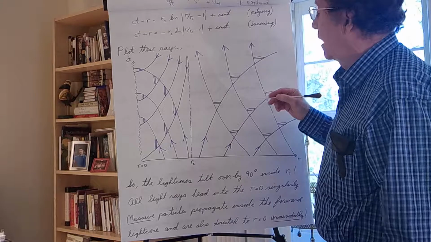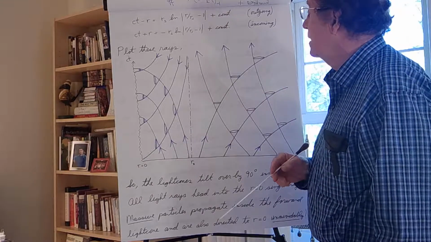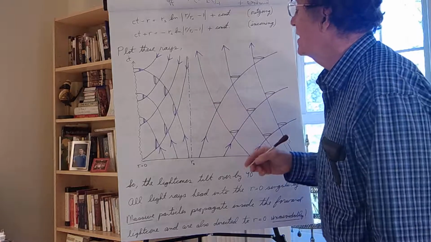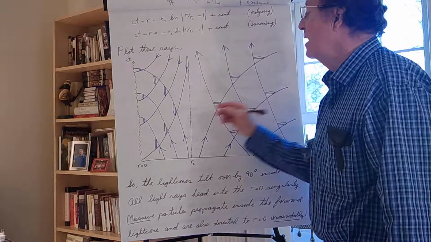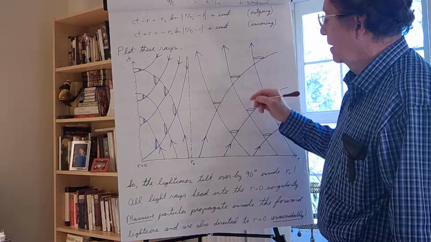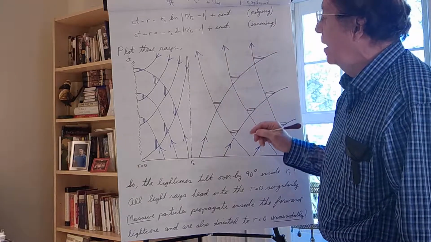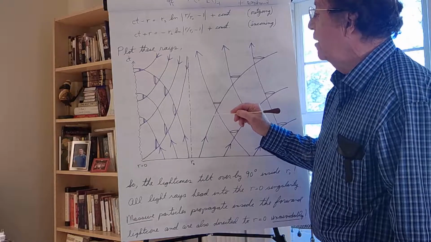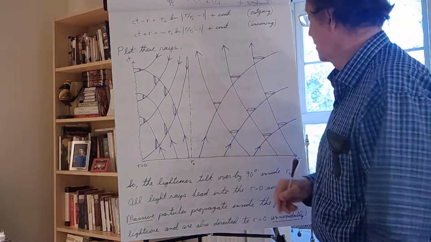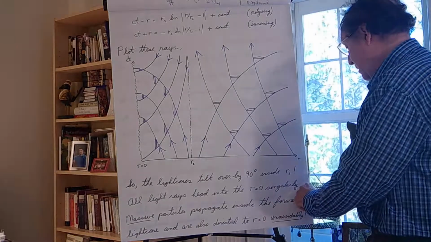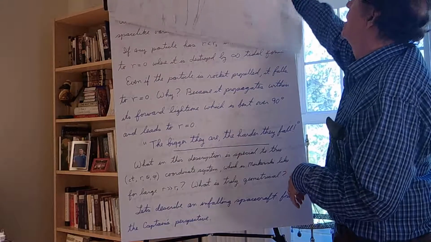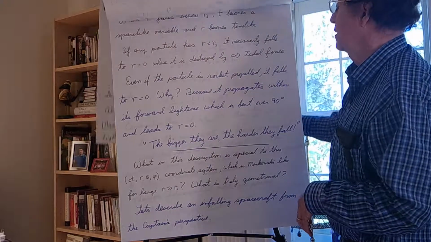We plotted out the future light cones, both outside the Schwarzschild radius and inside the Schwarzschild radius, and we came up with the conclusion that inside the Schwarzschild radius, no particle could get out, because there's a logarithmic barrier here. And all of the future light cones bend over toward r equals 0. So everything ends up heading toward the singularity, eventually to be destroyed in a region of infinite curvature.